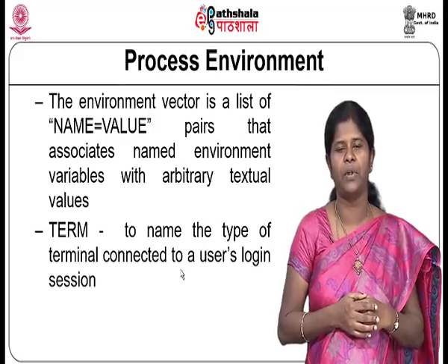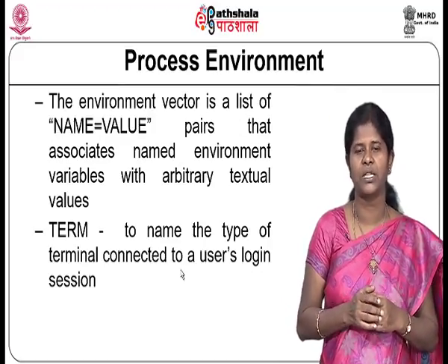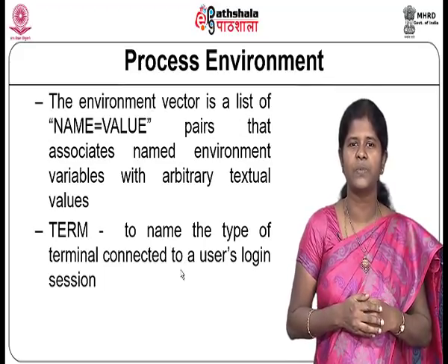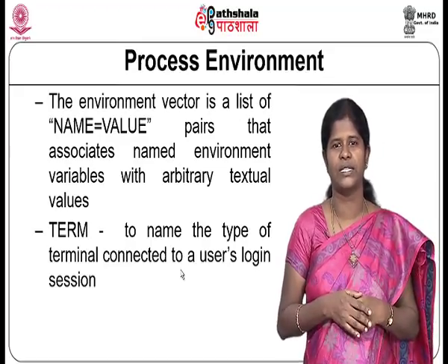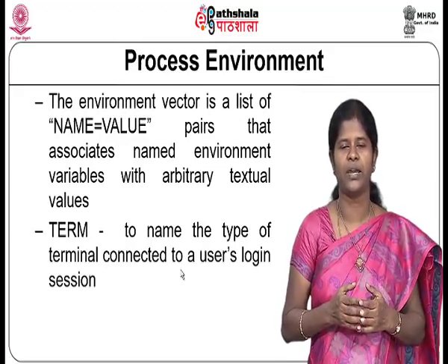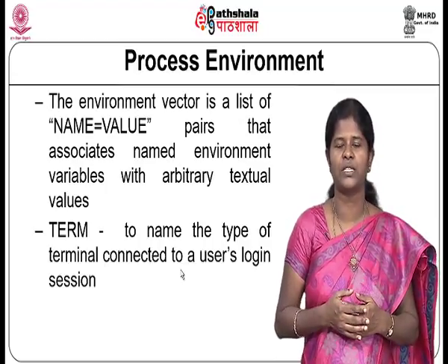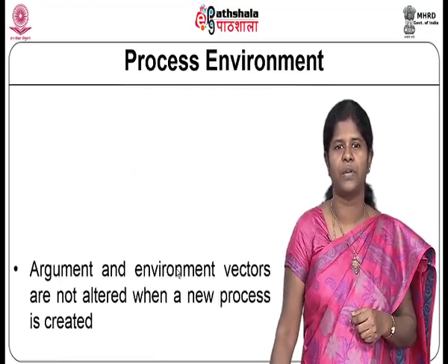For example, one such environment variable can be TERM. You can have TERM equal to whatever the terminal is. This is used to specify the type of the terminal which is connected to a user's login session. Similarly you can set many other environment variables, and these can be given as arguments when a new program is being run.